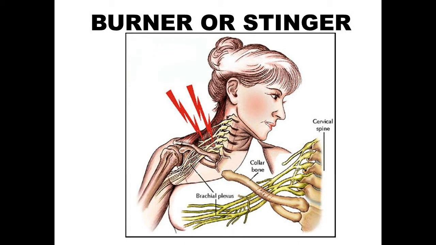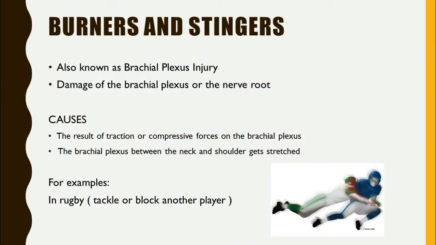Next is burners and stingers. Burners and stingers, also known as brachial plexus injury, is damage of the brachial plexus of the nerve root. The cause of burners and stingers is the result of traction or compressive forces on the brachial plexus.